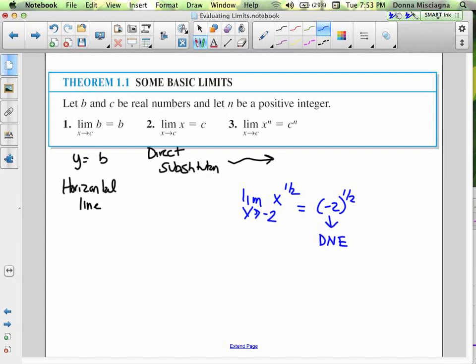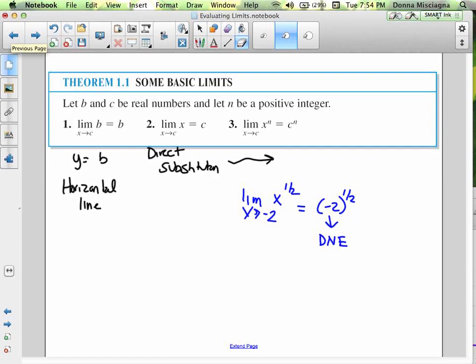The number here doesn't exist. This is a one-sided limit. 0 would be the end point. So we have a one-sided limit at 0, and we'd have no limit because the function doesn't exist for anything negative. So that's why it says a positive integer. In some places that would be continuous, we could plug in, but just not at every value.